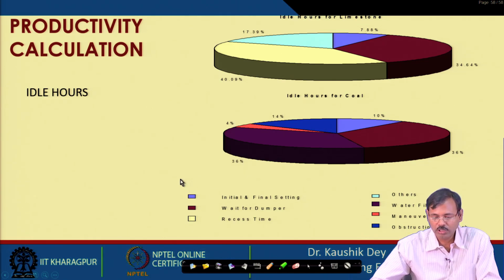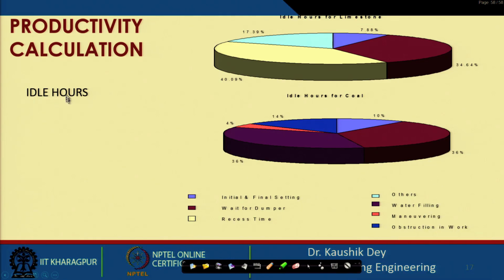And if you look into the idle hours, for coal it can be seen that waiting for dumper is a significant idle hour, and sometimes it has been found that water filling is also a significant idle hour occurring because of the machine operations.